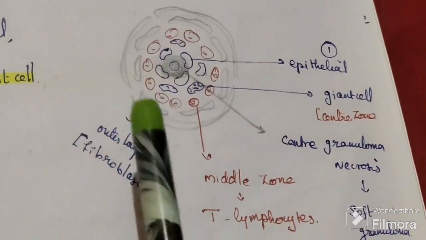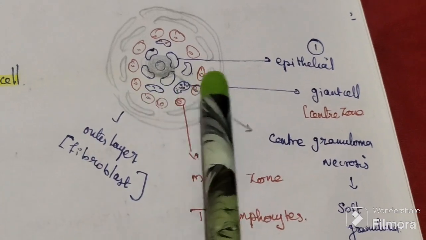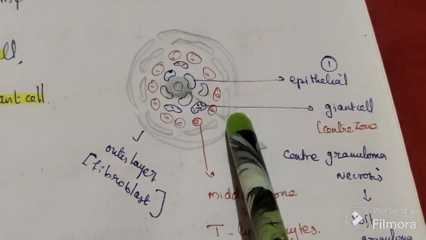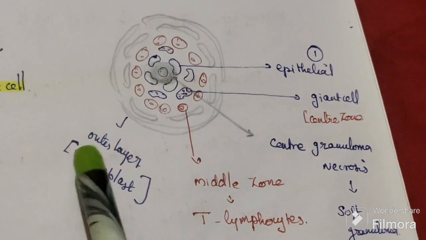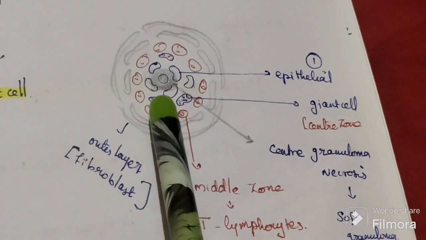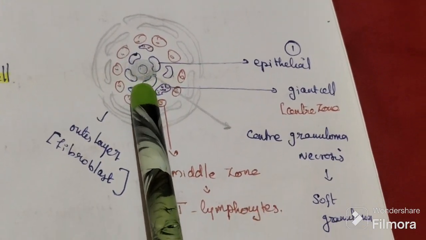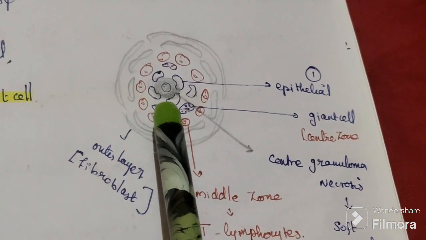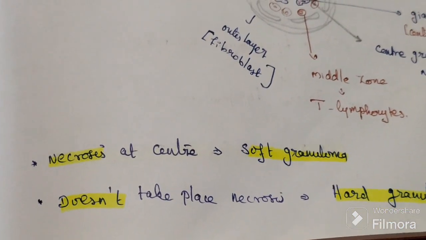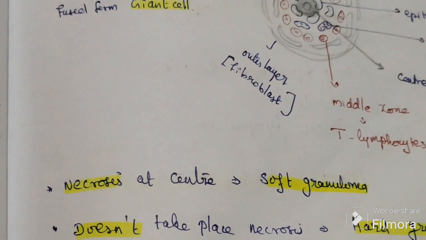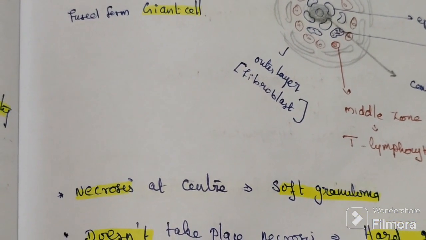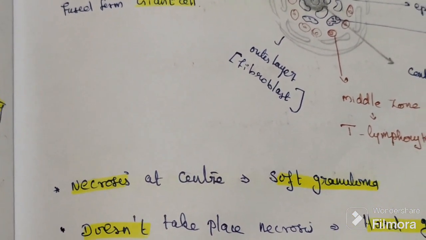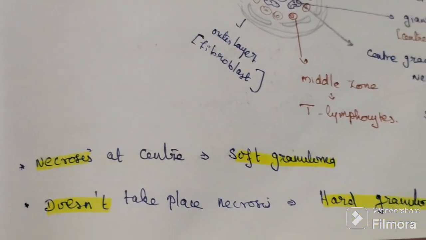An important thing here: at the center we have epithelioid cells and giant cells, in the middle T lymphocytes, and in the outer layer fibroblasts. Some granulomas have necrosis at the center, which is called soft granuloma. If it does not take place, it is known as hard granuloma.